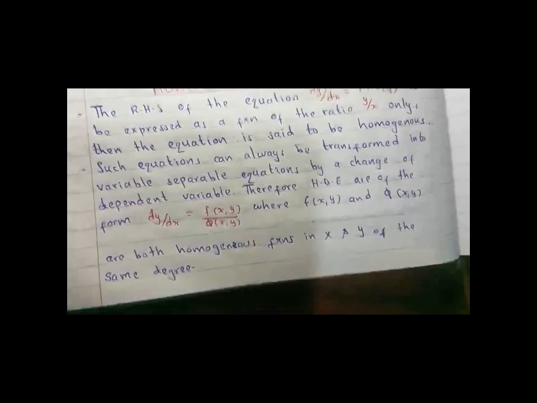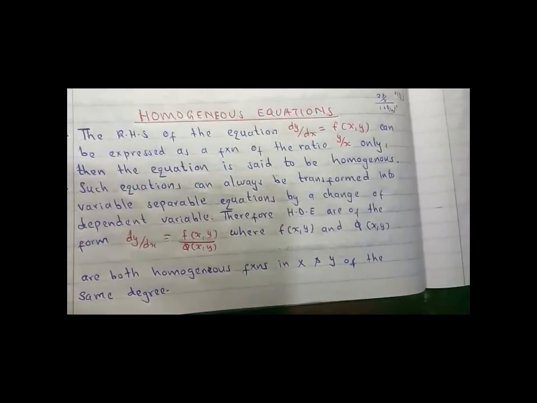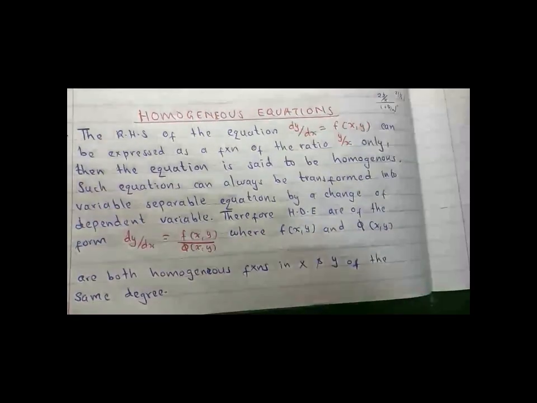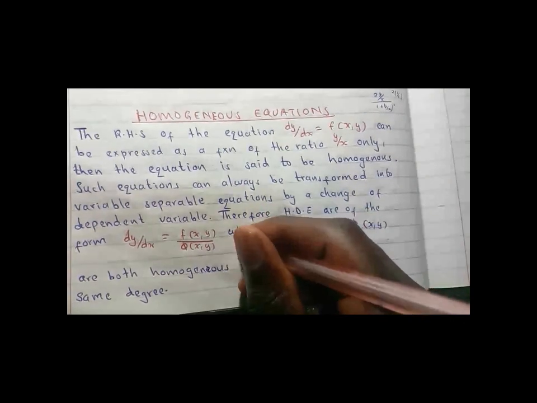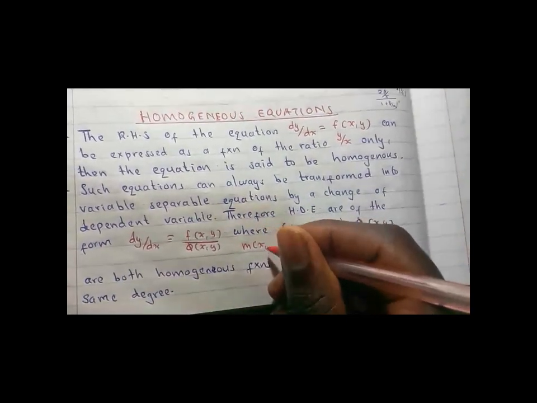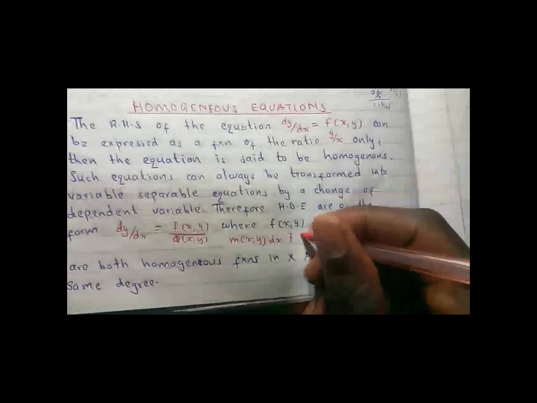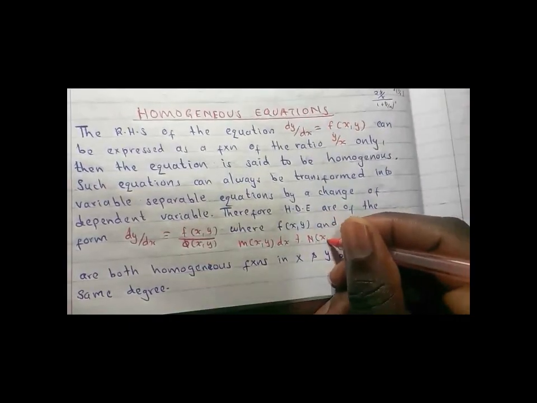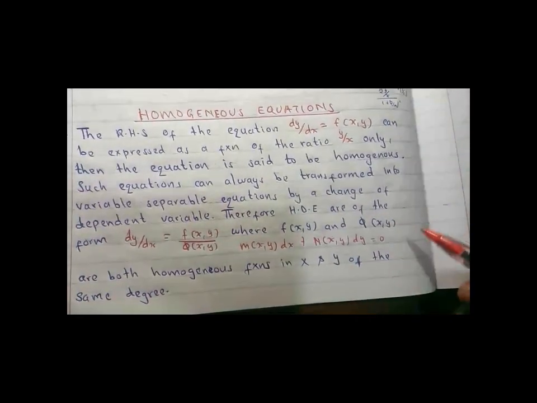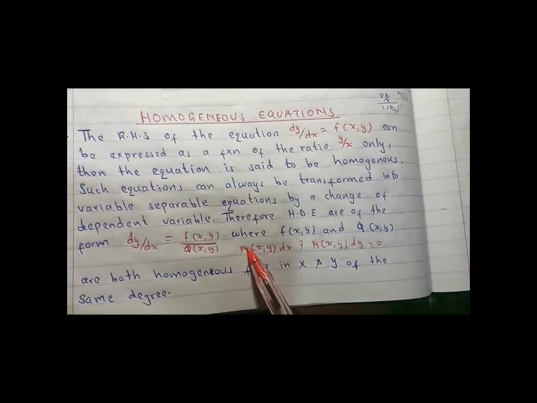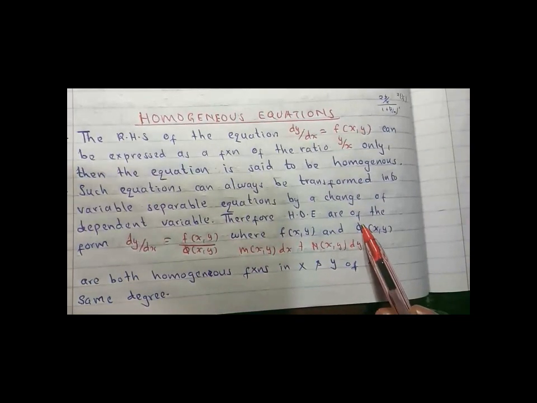We mean that if you have an equation, let's say for example, M(x, y) dx + N(x, y) dy = 0. In this equation, M is what is represented by f, and N is what is represented by phi.